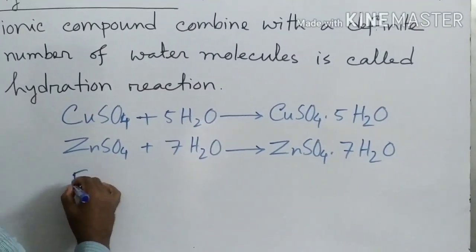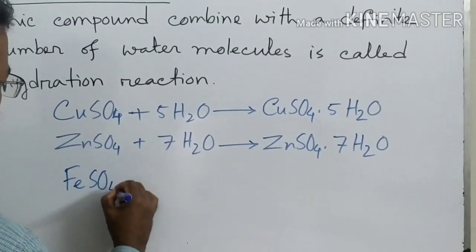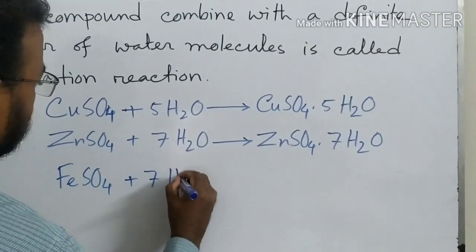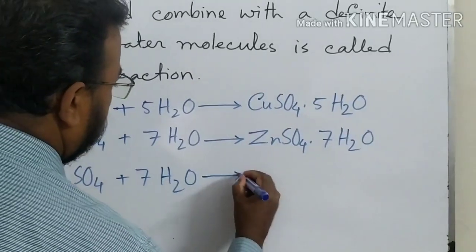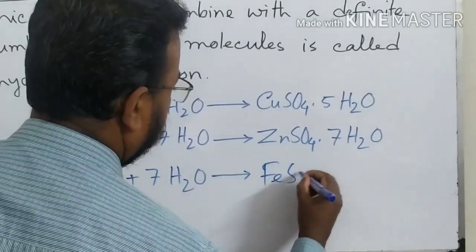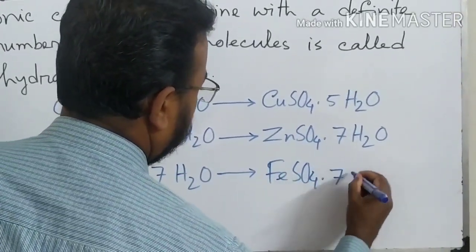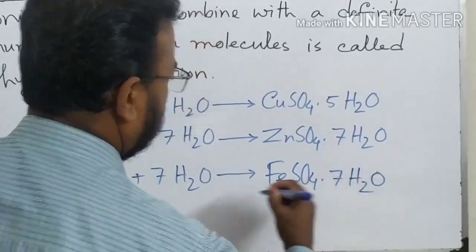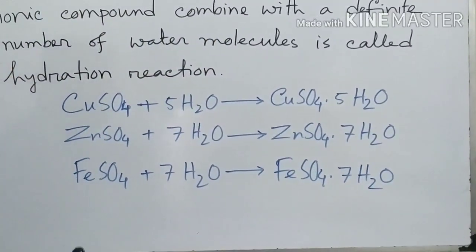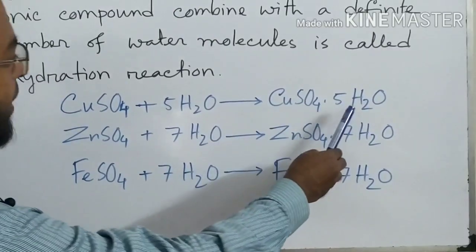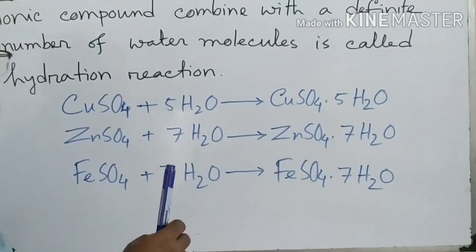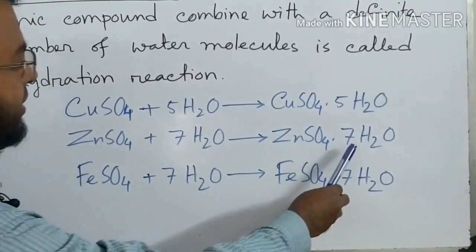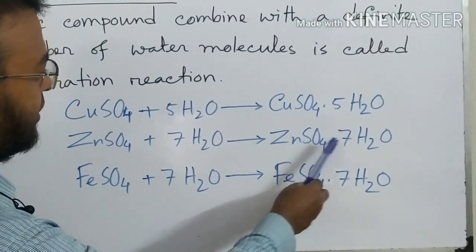So the first one is called pentahydrated copper sulfate, then heptahydrated zinc sulfate.